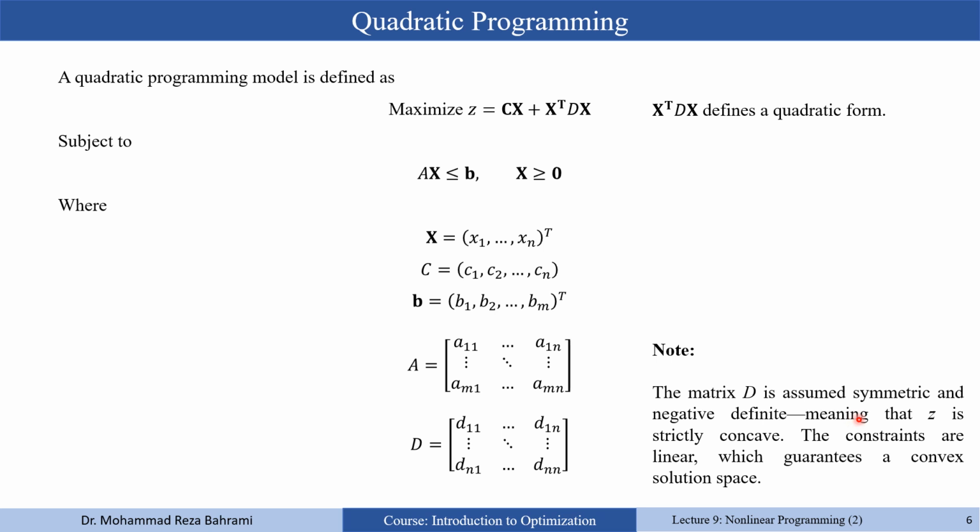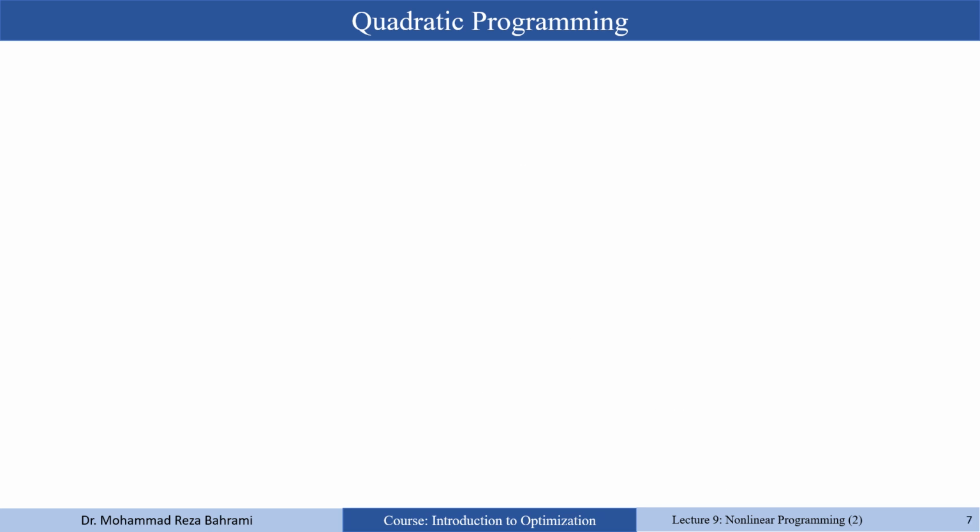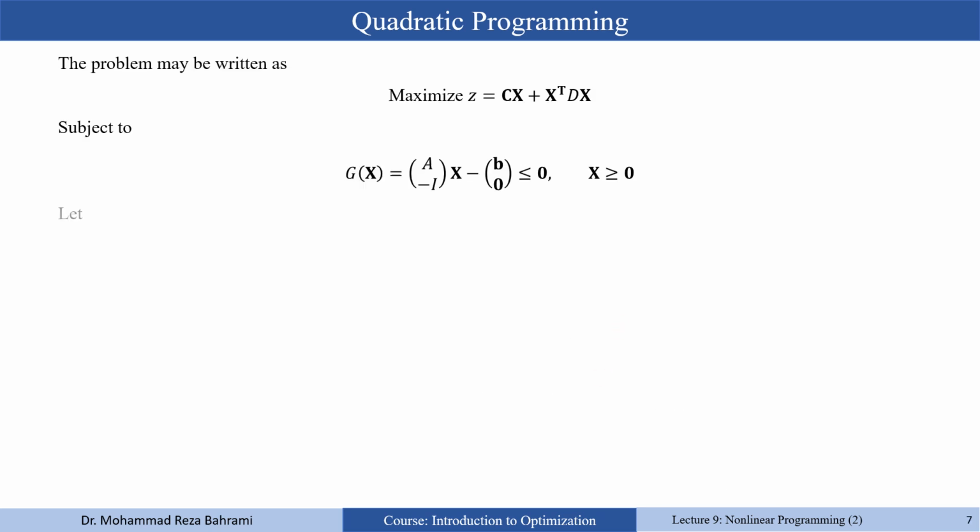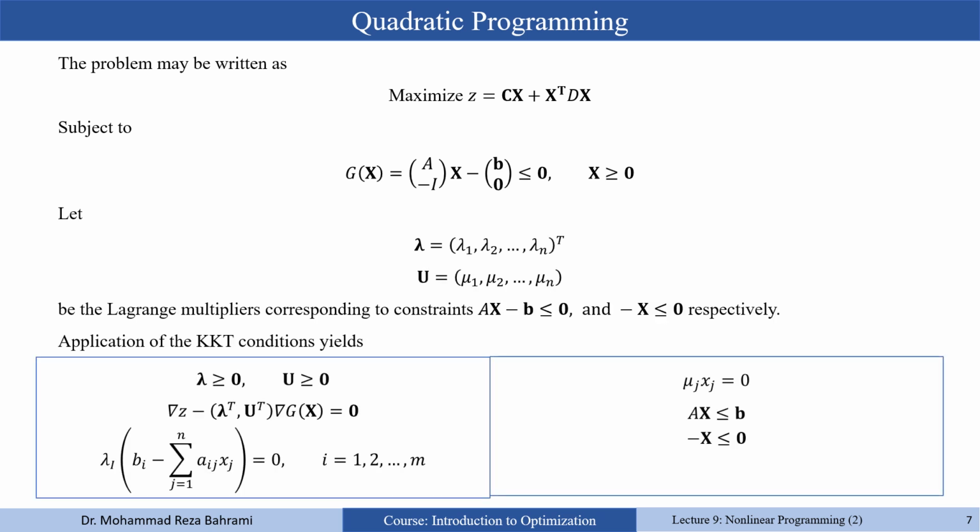This leads to Z being strictly concave. So our objective function is concave, and the linear constraints guarantee a convex feasible region. It means that we reach a point which is optimal for us and gives us the best solution.